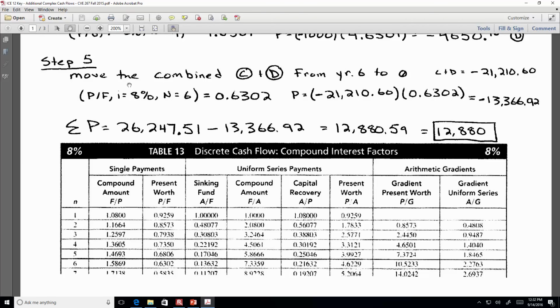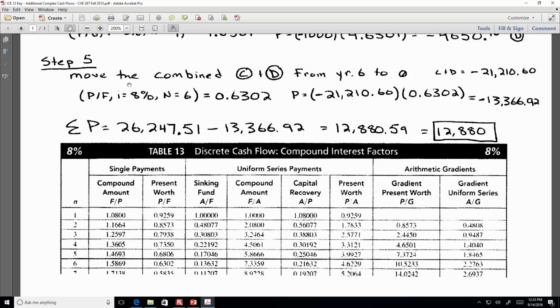What you can do in the solution, just for instance, I had a P/G at 8%, n equals 4. So I would go to here in the table, find P/G, n equals 4, and it says here 4.6501.